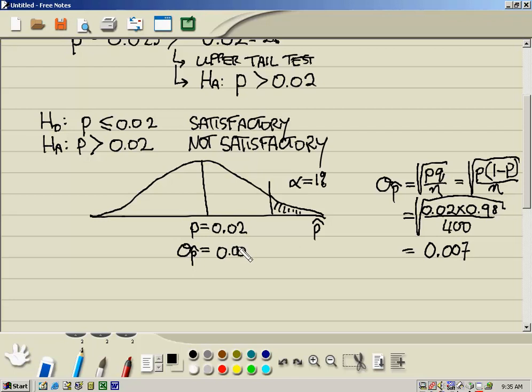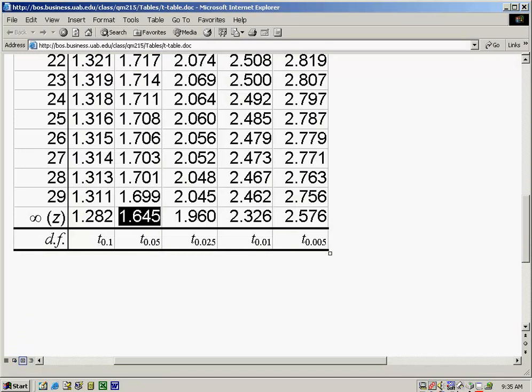Okay, so that's our standard deviation of that distribution. Next we need the z-value with 1% in the tail. We need to go to our t-tables to find that, and our t-tables with 1% for the z in the upper tail is 2.326.